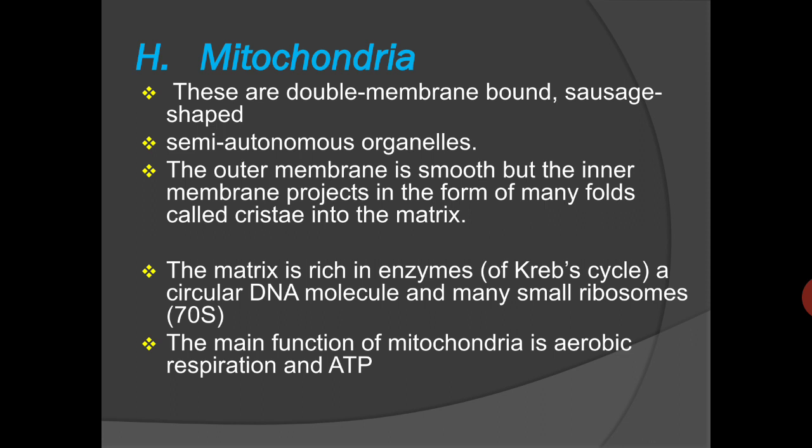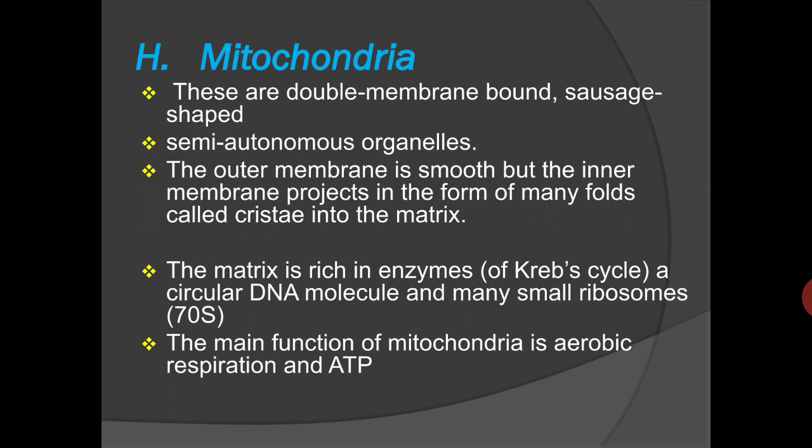The outer membrane is smooth, but the inner membrane has projections in the form of mini folds called cristae, found into the matrix. The matrix is rich in enzymes because it is used in the Krebs cycle, and contains circular DNA molecules and many small 70S ribosomes.